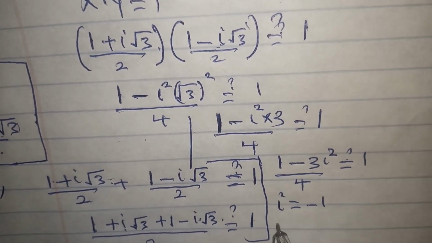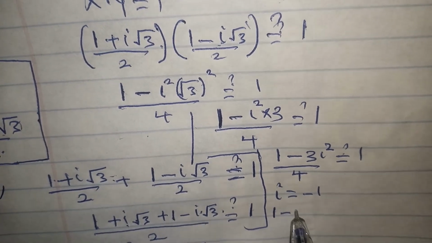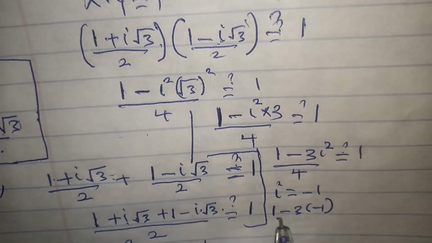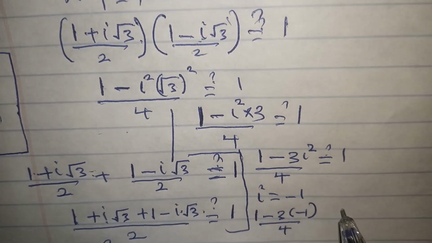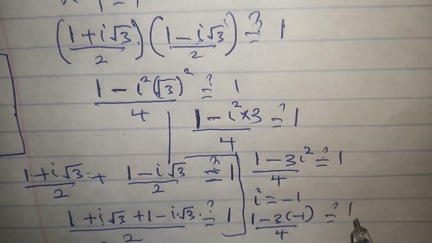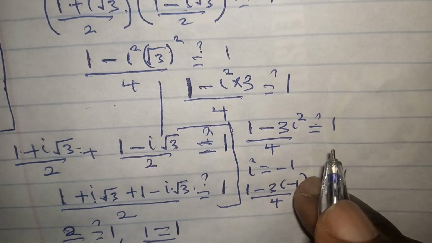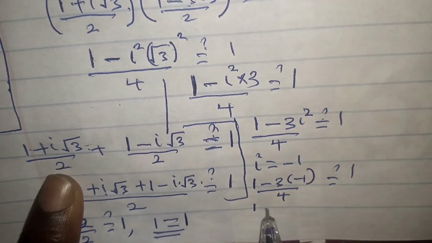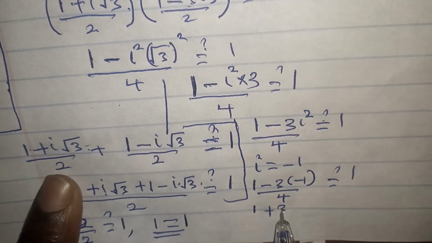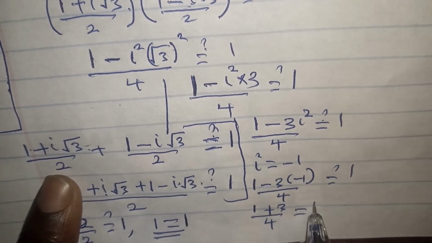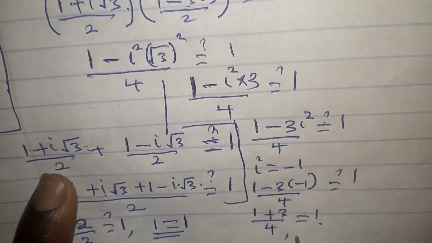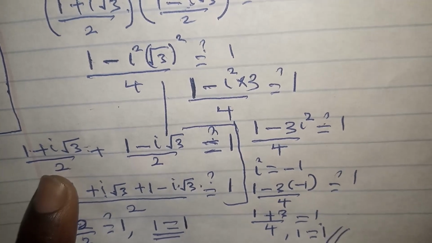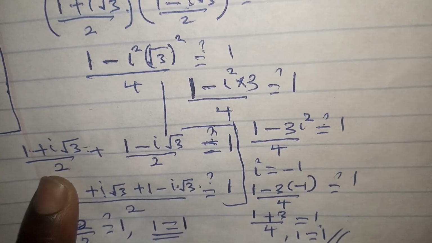So I can put 1 minus 3 times minus 1, close bracket, over 4 equals 1. Automatically we are going to have 1 plus 3 over 4 equals 1. So if we divide, we are having 1 is equal to 1. So the values of x and y in this challenge are correct.